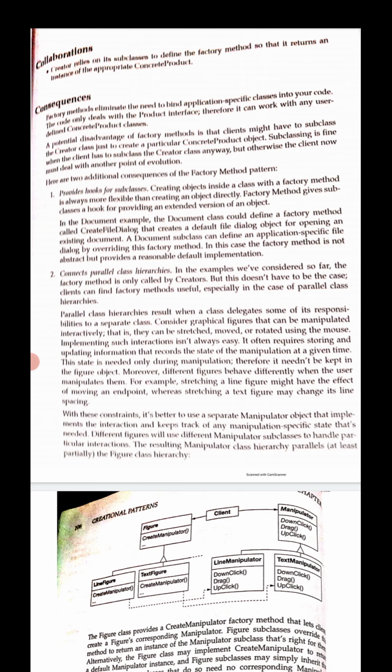patterns. Now we discuss the main collaboration, in the sense of how classes and objects collaborate to carry out their responsibilities. In this concept, to define the factory method, we need to create some objects without exposing the creation logic to the client.